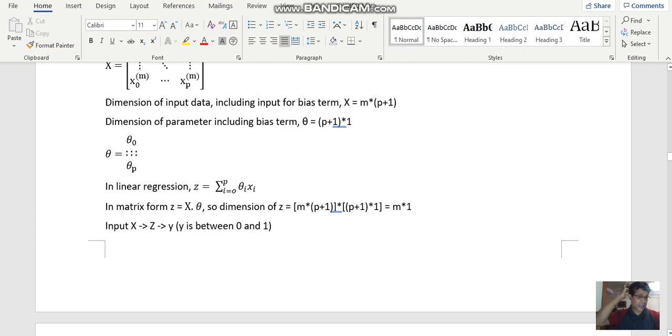Having an understanding of linear regression, how can we migrate towards the logistic regression concept?